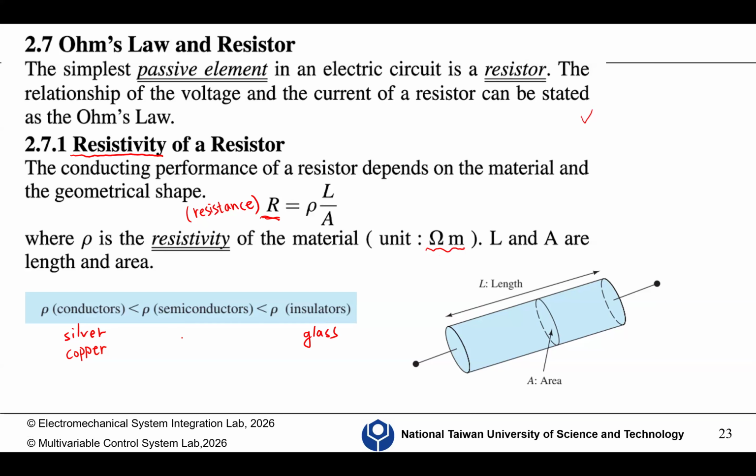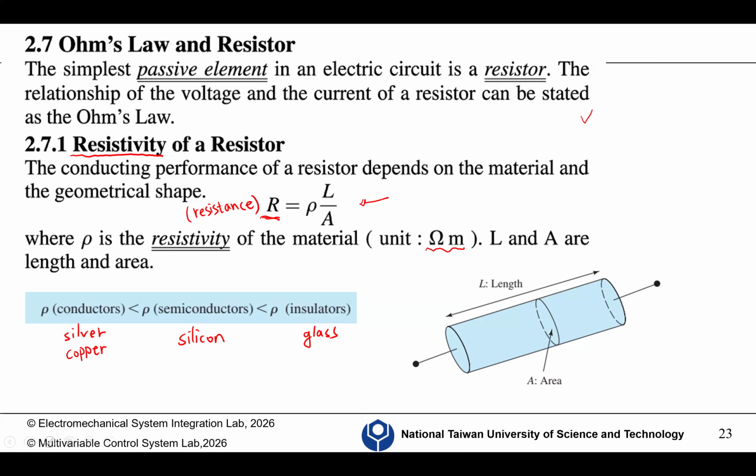And semiconductors have a resistivity in the middle, such as silicon. So by knowing the material, we can look at a table to find its resistivity, and with the shape of the resistor, we can calculate the resistance by using this formula.